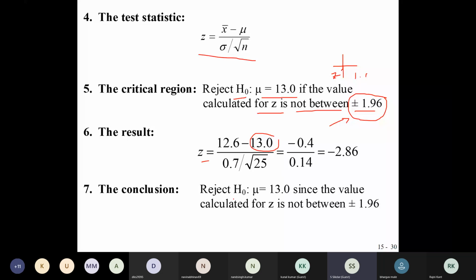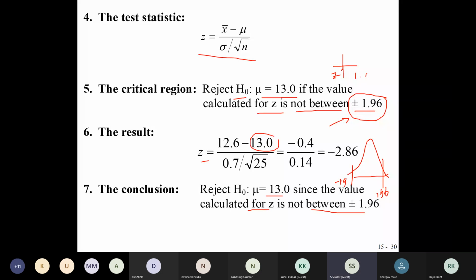Reject H0, mu is equal to 13.0, since the value calculated for Z is not in between plus minus 1.96. Basically, if you plot it, on one side it is 1.96, on the other side it is minus 1.96, right?